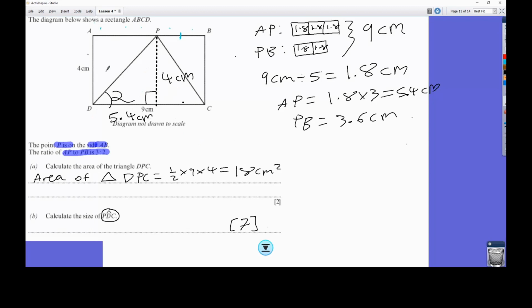So now we have this triangle here, which I will just highlight briefly in yellow. There we go. So we have this triangle here. We have the hypotenuse there, the opposite, and the adjacent.